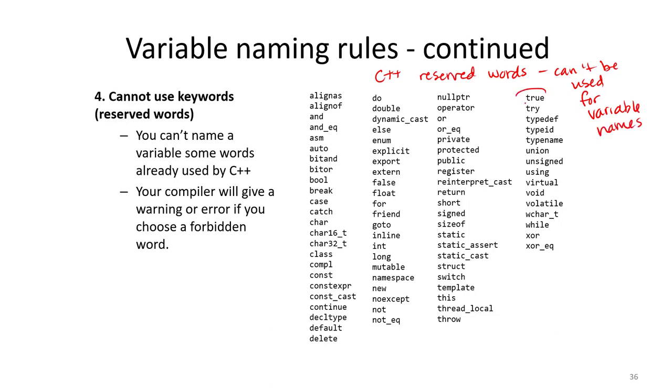You can imagine if you tried to name a variable true, then your C++ compiler would have trouble distinguishing the variable true from a true value. So you'll get a compiler error if you try to name a variable one of these words.